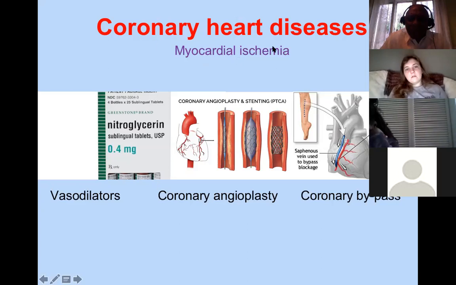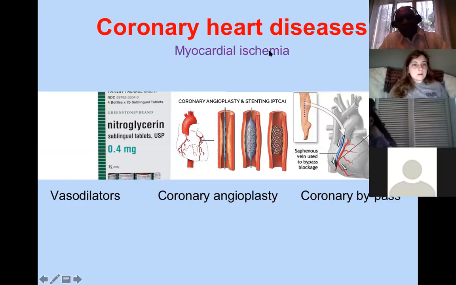Remember, we said mia just means something in the blood. And then this IS is inadequate blood flow or inadequate oxygen. So myocardial ischemia is inadequate oxygen flow because of the radius, because of the plaques.